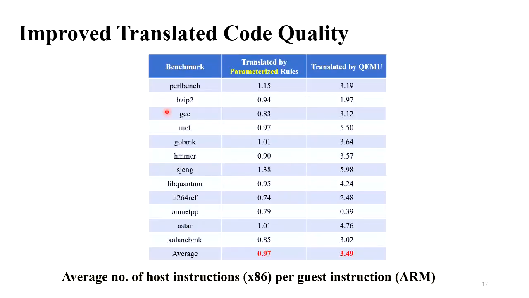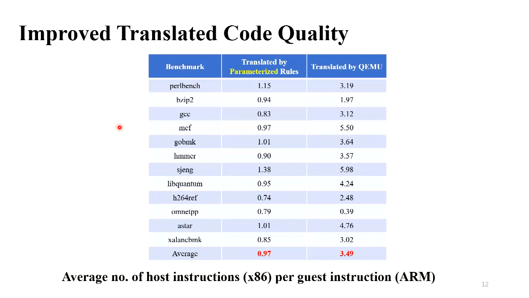We implemented our scheme on QEMU 4.1, a state-of-the-art retargetable dynamic binary translation platform. We also use the 12 benchmark programs in SPEC 2006 as our test set. We use 11 of them as a training set, and the harvested parameterized translation rules are then applied to the remaining one. We compared the code quality of our translated code with that translated by QEMU.